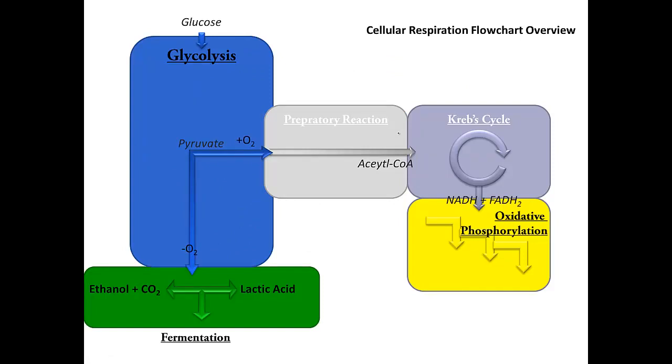Here is a nice flowchart overview of the entire process. So you can start up here with glucose, and glucose gets funneled into glycolysis. Okay, one word about glycolysis: it is the most ancient cellular metabolic reaction known.